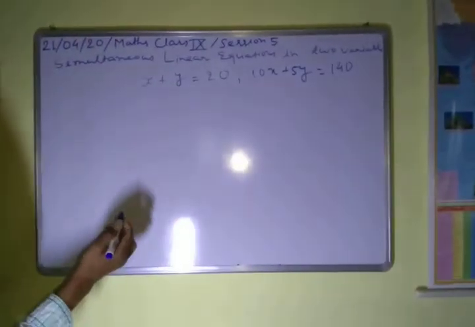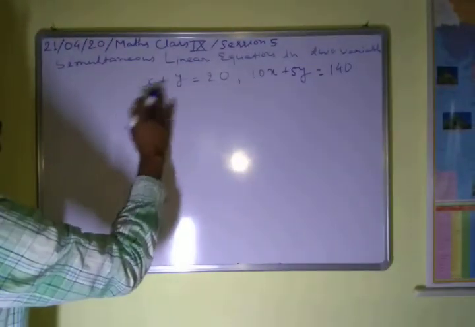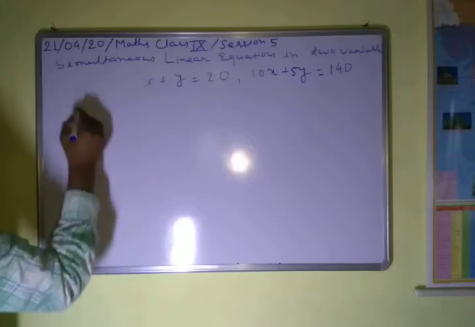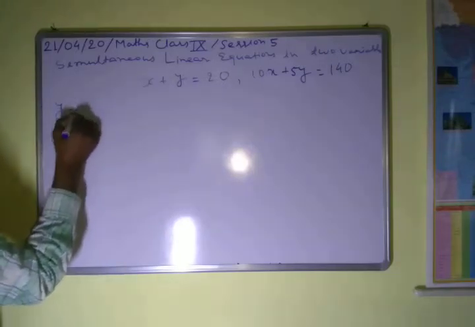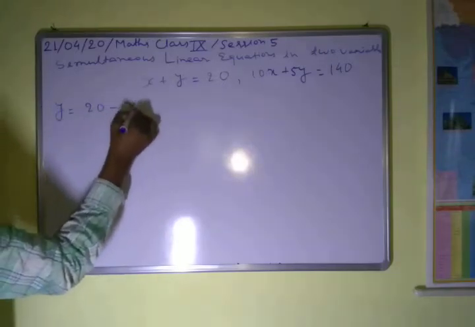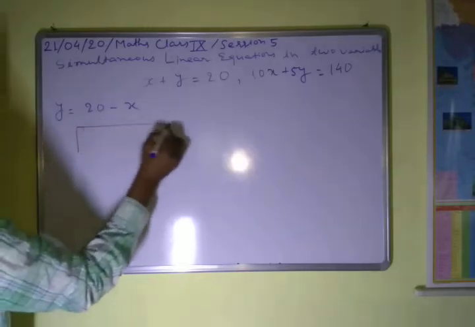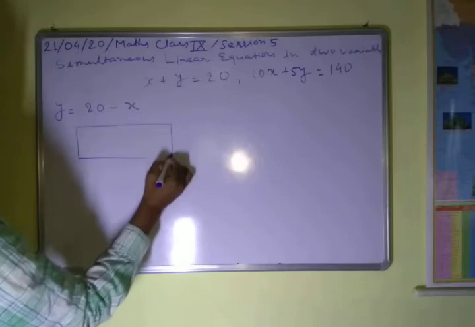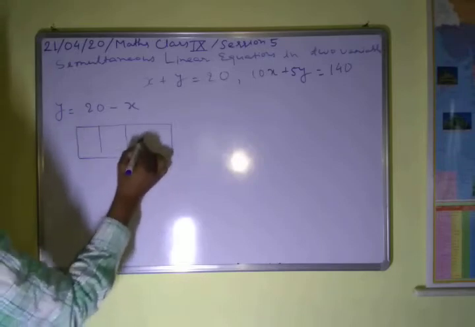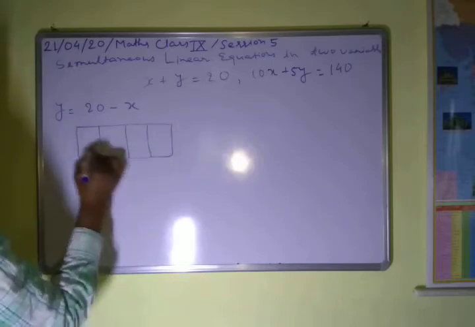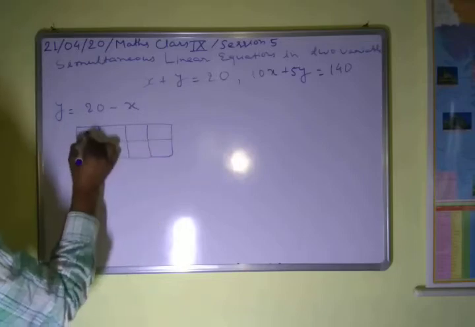Before drawing the graph, we have to find some points. For this equation, you will get y equal to 20 minus x. So for 20 minus x, we will find some values. We can make a box and then find 3 points. This is x and this is y.